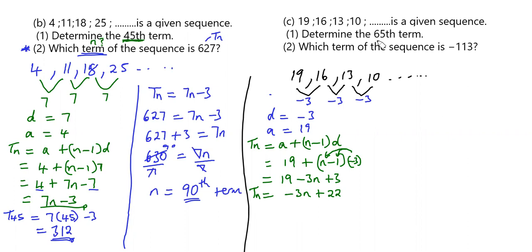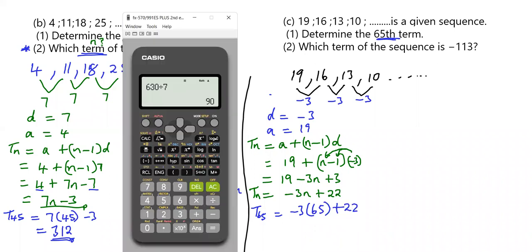Remember, it's part of the steps, but what we really want here is to get the 65th term. So T65 is negative 3 in bracket 65, plus 22. Then what do we get?